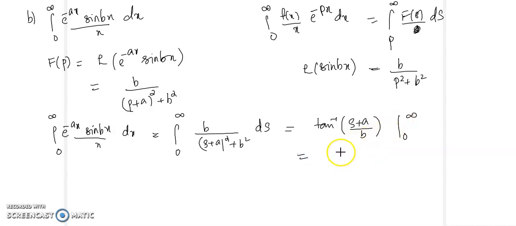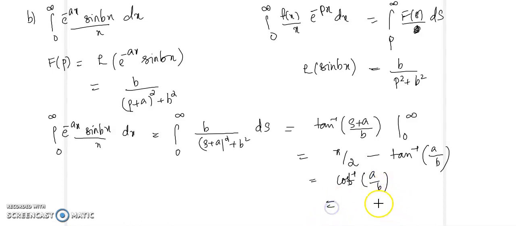Now at infinity, tan inverse infinity is pi by 2. So minus tan inverse of a by b. So that is equal to cot inverse of a by b, which is equal to tan inverse of b by a. So that is the value of the required integral 0 to infinity of e raised to minus ax sin bx by x.